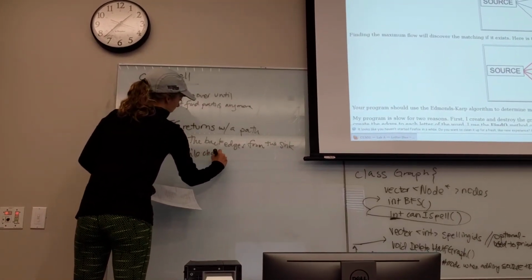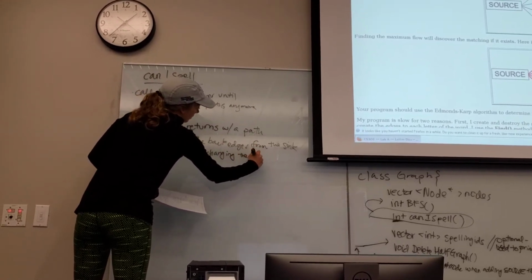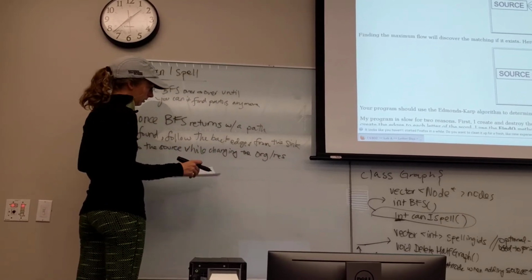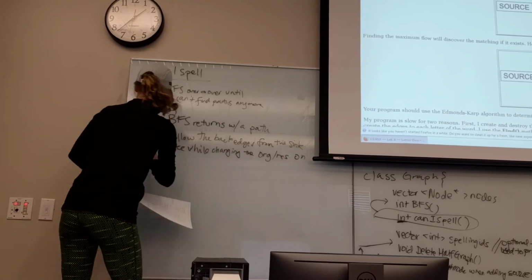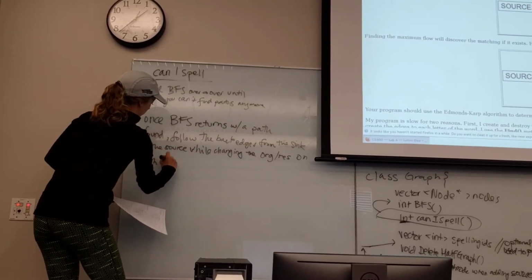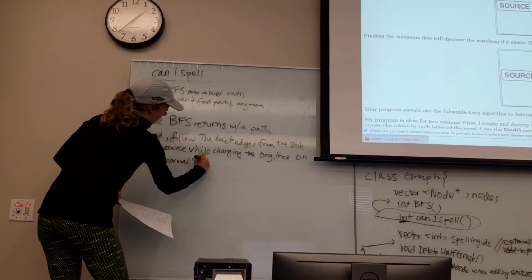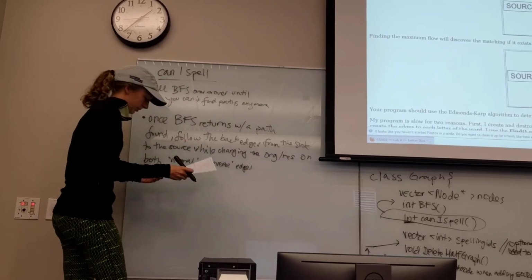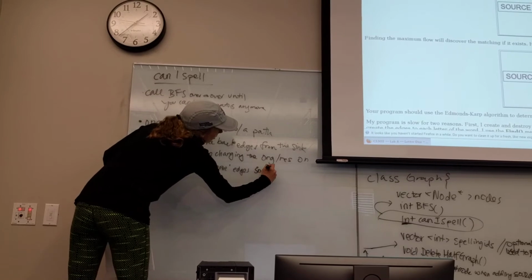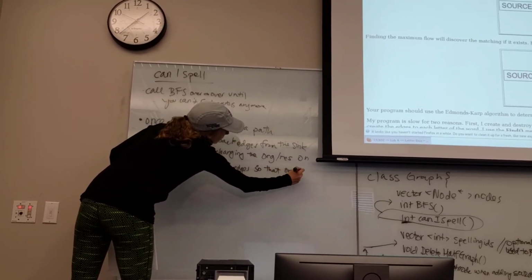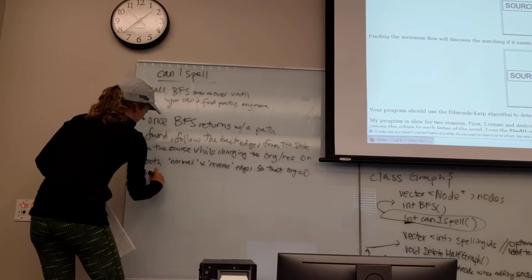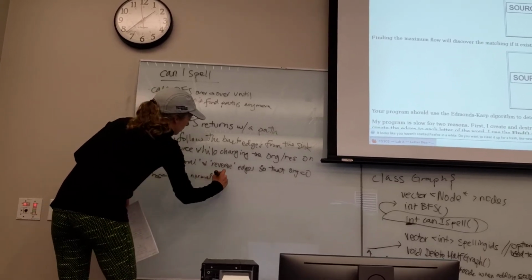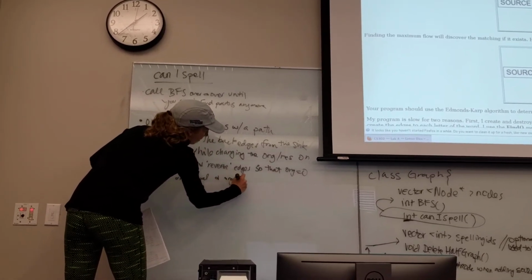While changing the original and residual values along the way on both normal and reverse edges, so that the original is equal to 1 and residual is equal to 0 on a normal edge and flip-flopped on a reverse edge.